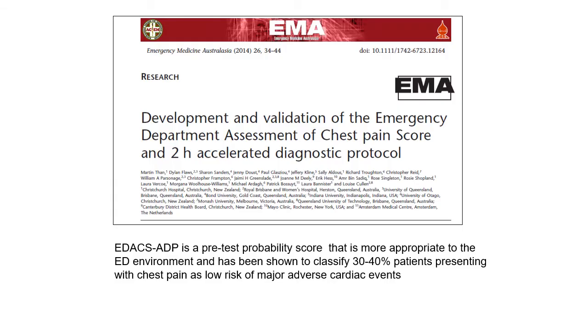With respect to pretest probability, the TIMI score was an instrument that was developed primarily for the coronary care environment and not the ED. So the next step was to develop EDACS, the Emergency Department Assessment of Chest Pain Score, adapted to the ED environment, and for which we were able to show that 30 to 40% of patients presenting with chest pain could now be assigned as low risk of major adverse events.